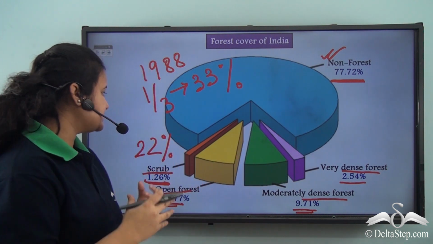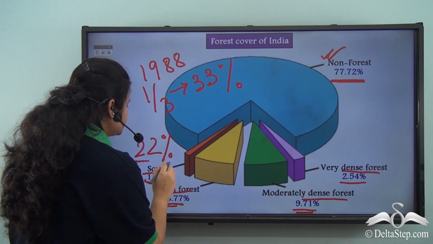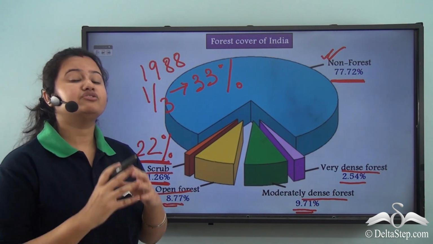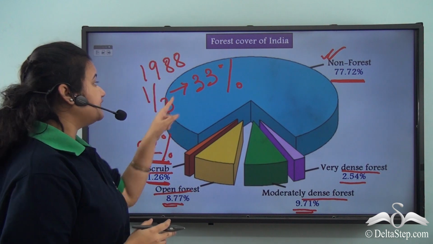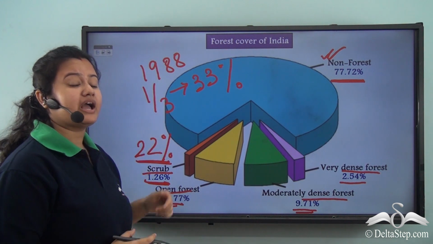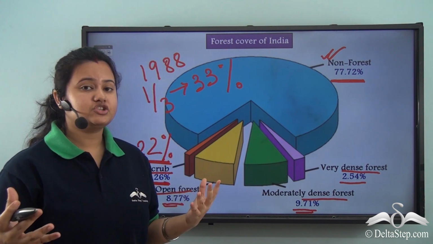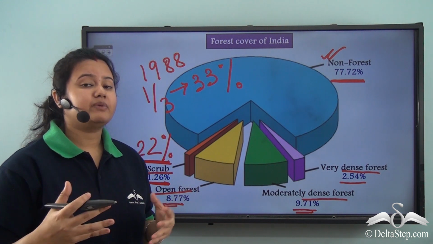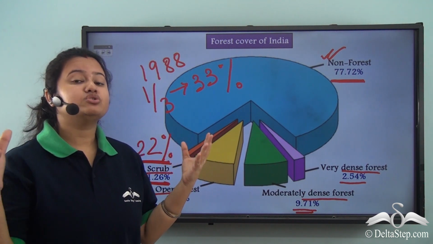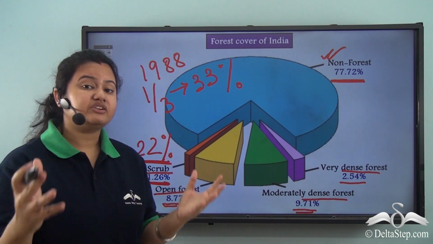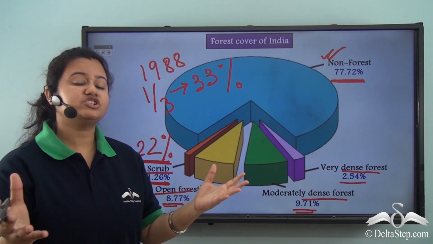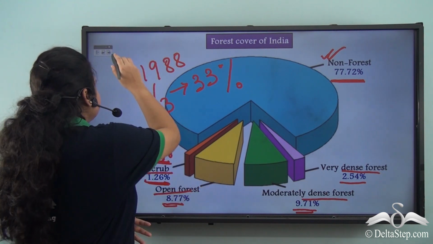But the current statistic shows that only 22% is under forest. So we can find that we are lagging behind by a great margin, and therefore we must buck up and we must try to look for ways in which we can increase the forest cover or vegetation cover of India.